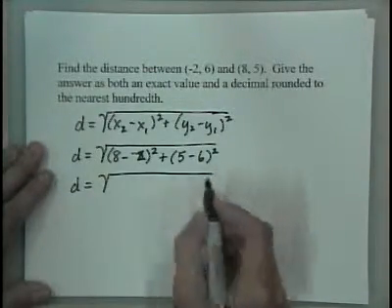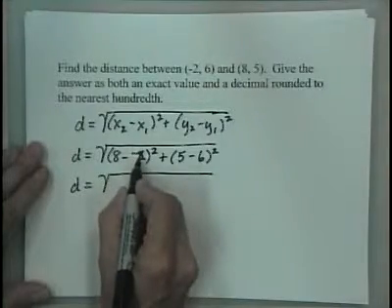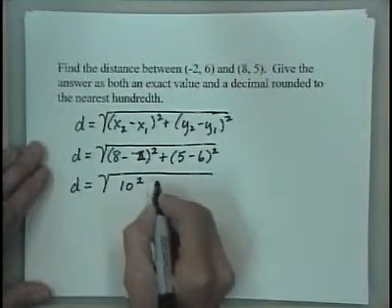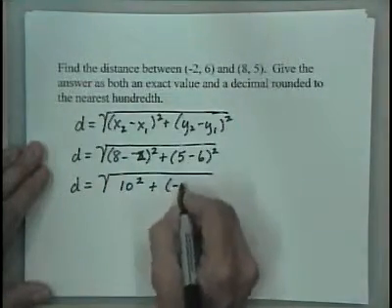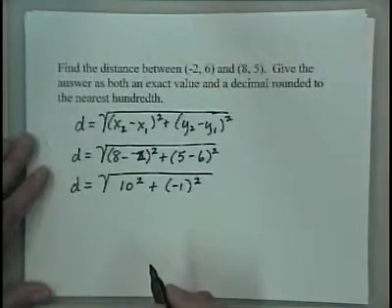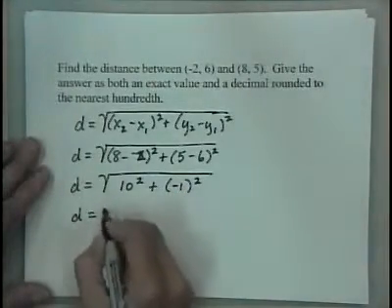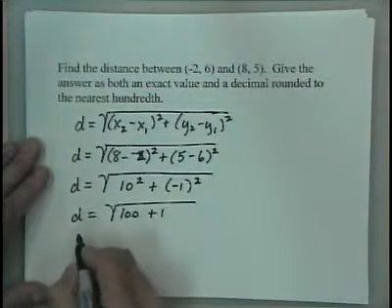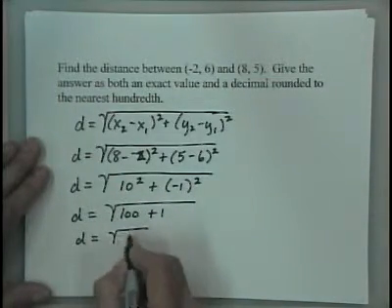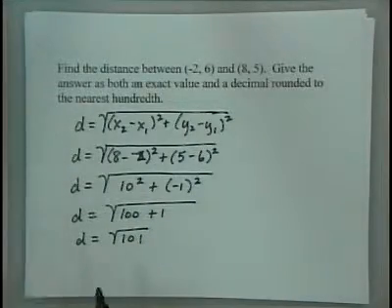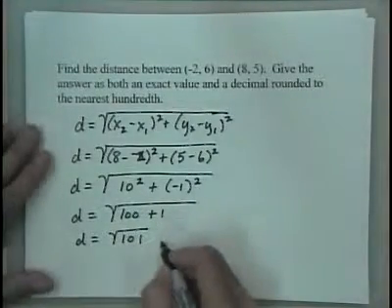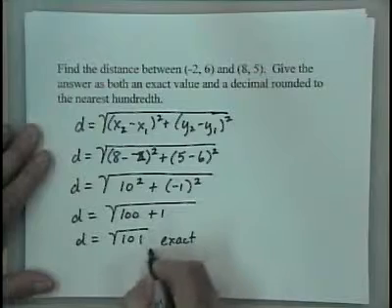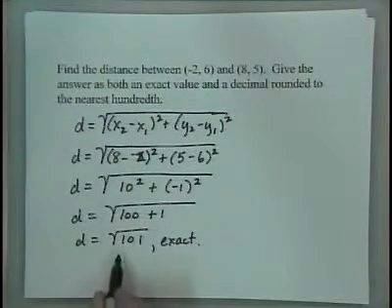Continuing, that's the square root of 10 squared, plus -1 squared. So d equals the square root of 100 plus 1, which is the square root of 101. Now this is the exact value of the answer, square root of 101.